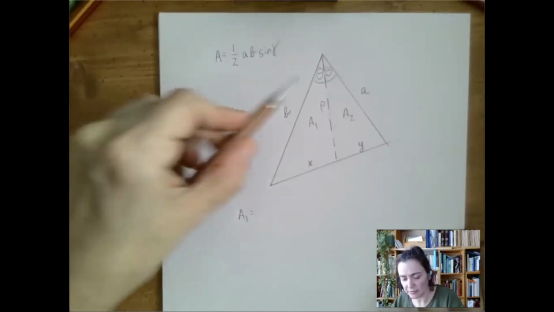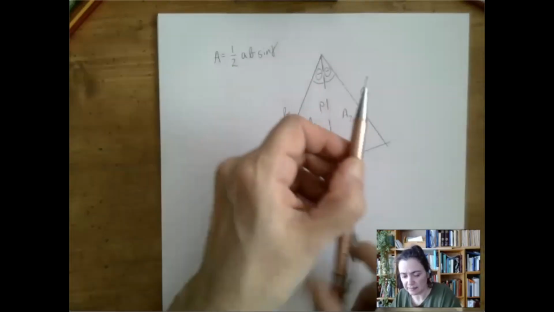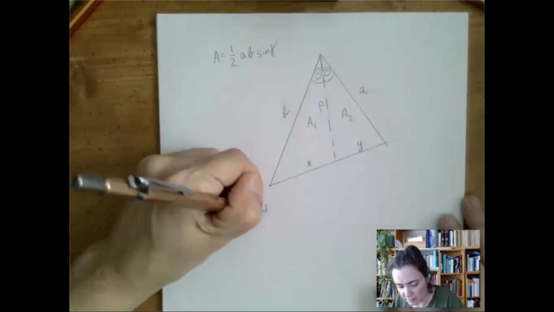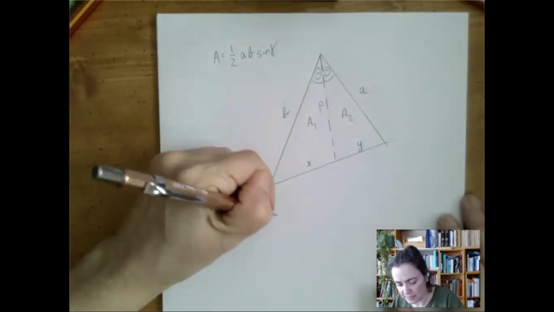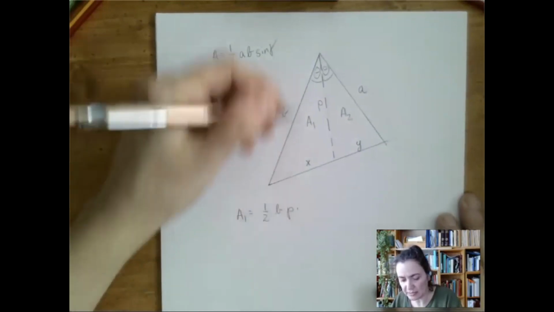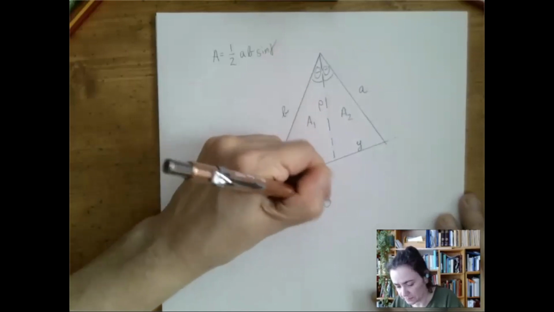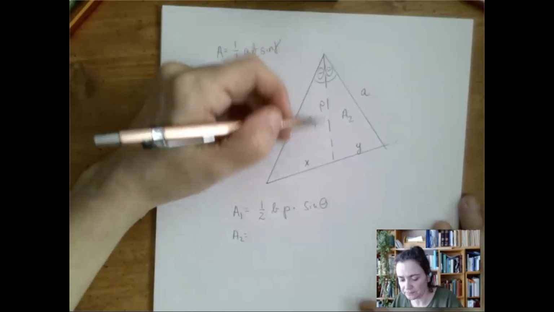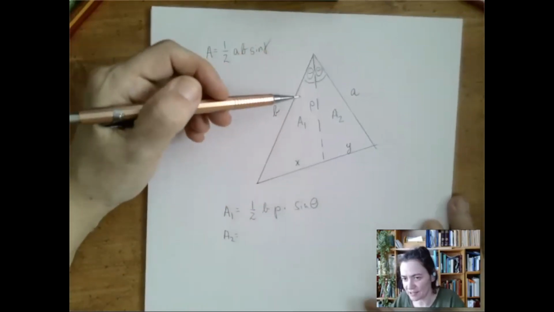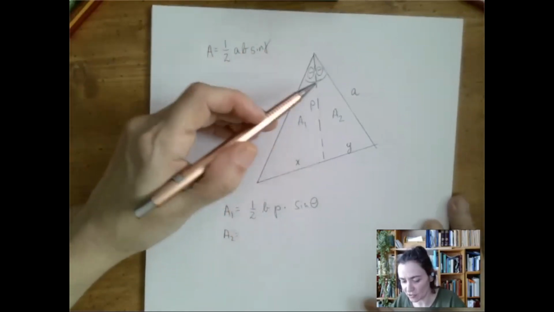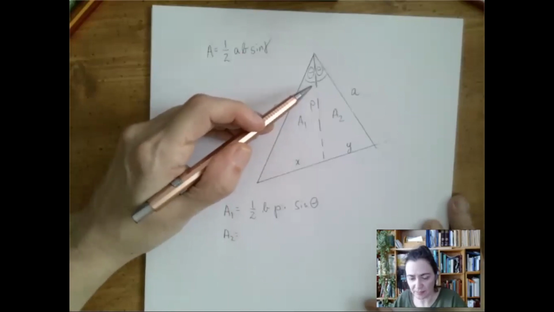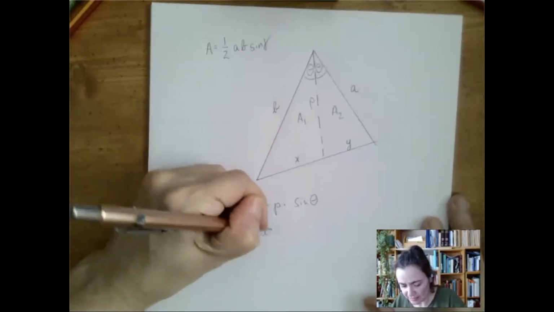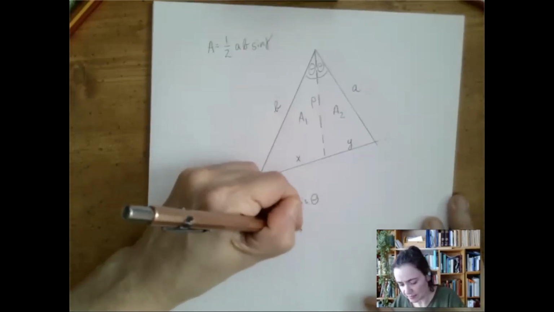So for A1, this side, and the angle between them is theta. So it's going to be 1/2 times B times P times sine theta. And A2 would be, you see, there is quite a few things in common. This line is in common, and because we are dealing with an angle bisector, the angles are the same. So it's going to be 1/2 A times P times sine theta.